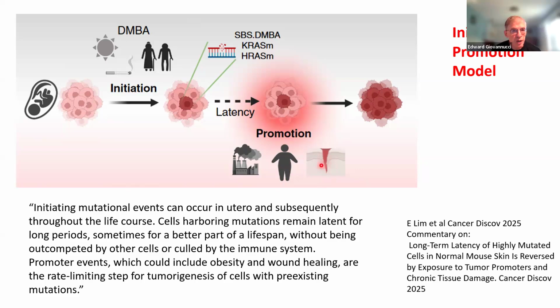So basically, you start with these initiated cells that can happen perhaps early in life, but they don't progress to cancer unless you have this long-term promotion, which could be related to lifestyle and doesn't have to be a carcinogen. In fact, it usually isn't directly DNA damaging. It could be things like inflammation or hormones.